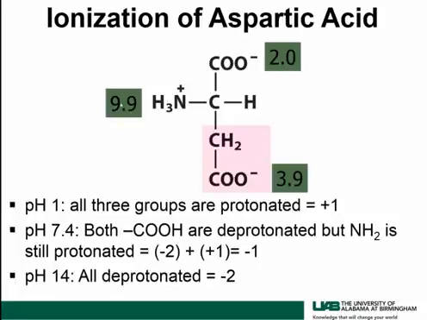The pKa of 9.9 has not been exceeded by 7.4. So the hydrogen remains on here, and it's positively charged. So +1 and -2 combine to give -1. So at pH 7.4, the net charge on that amino acid is -1.